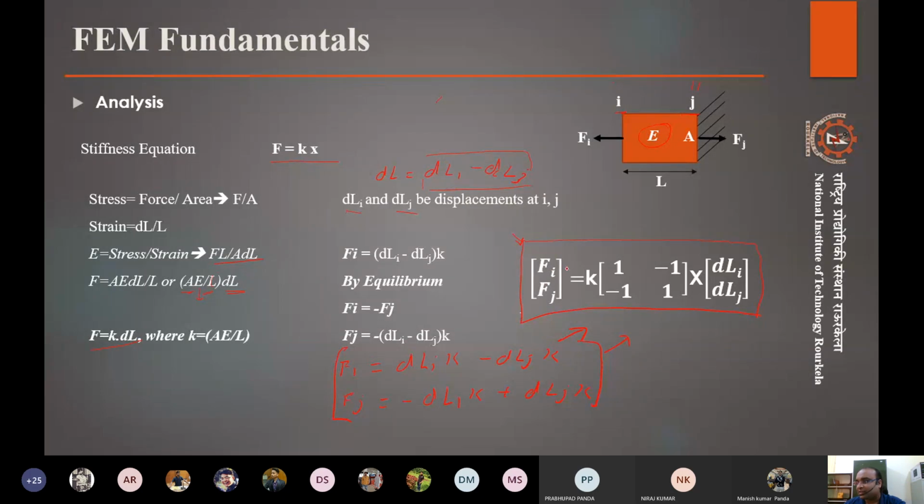So in 3 dimensions, there will be 6 forces, and the matrix will transform to a 6 by 6 matrix, and this one will be a 6 by 1 matrix. So for 3 dimensions similarly it will change, but the concept remains that the governing equations will be along these lines, right? I hope it is clear till now how we reach this stiffness matrix in terms of our structural analysis. Any questions?